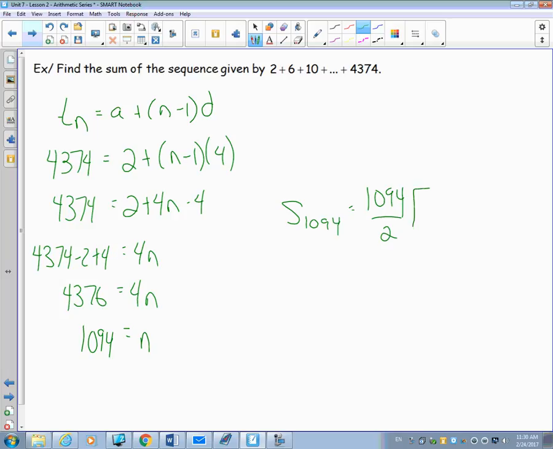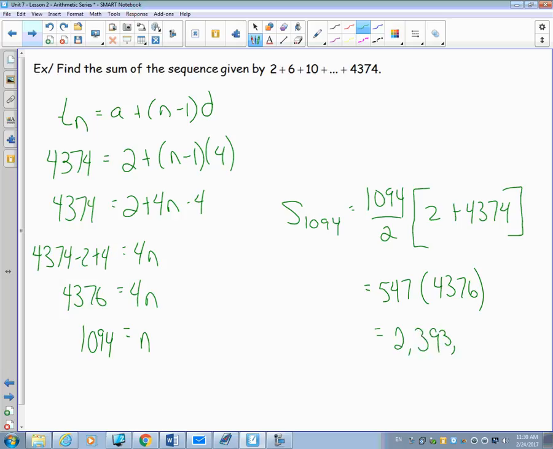Divide by 2, and using our shortcut, first term is 2, last term is 4,374. So we get 547 times, in the bracket, 4,376. And just using that little shortcut, our sum, big number here, is 2,393,672.